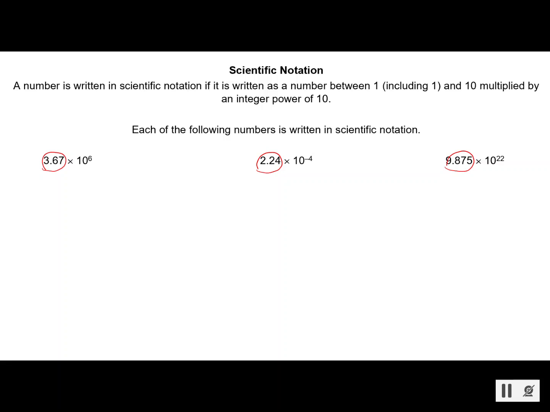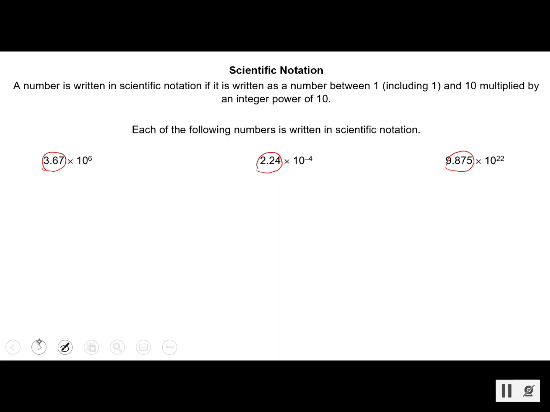So when I'm looking to determine if a number is written in scientific notation, the first thing I'm looking for is, is the first part a number between 1 and 10? Then I look to see if the second part of the number is an integer power of 10. So 10 raised to some positive or negative number or to the 0 power.